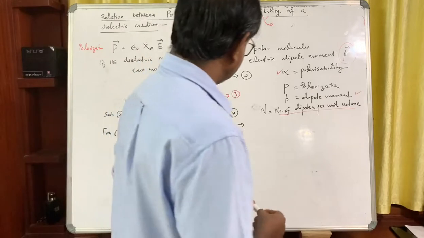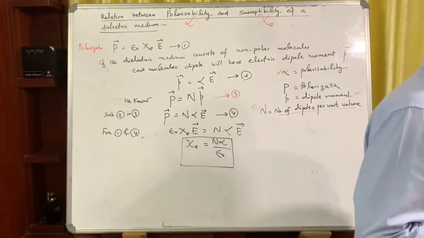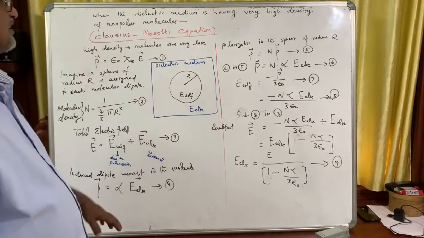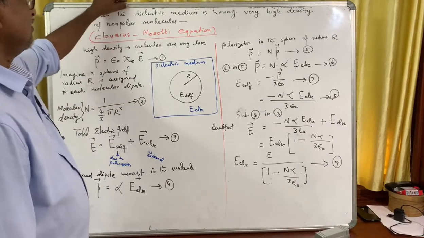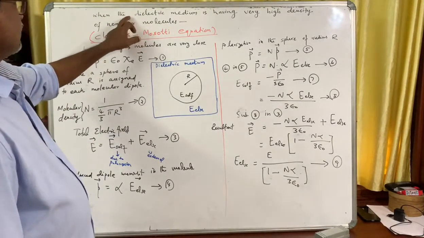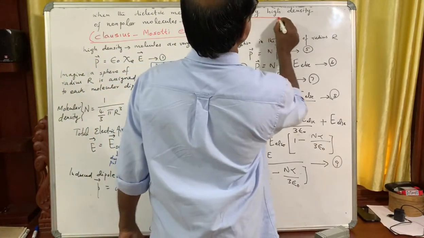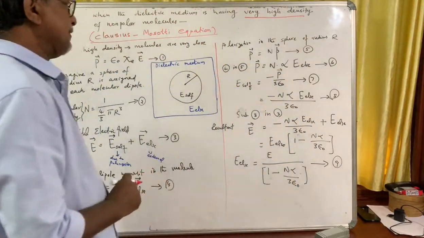And so this is the relation between the polarizability and susceptibility of the dielectric. We are considering a special case, that is the dielectric medium is having very high density.